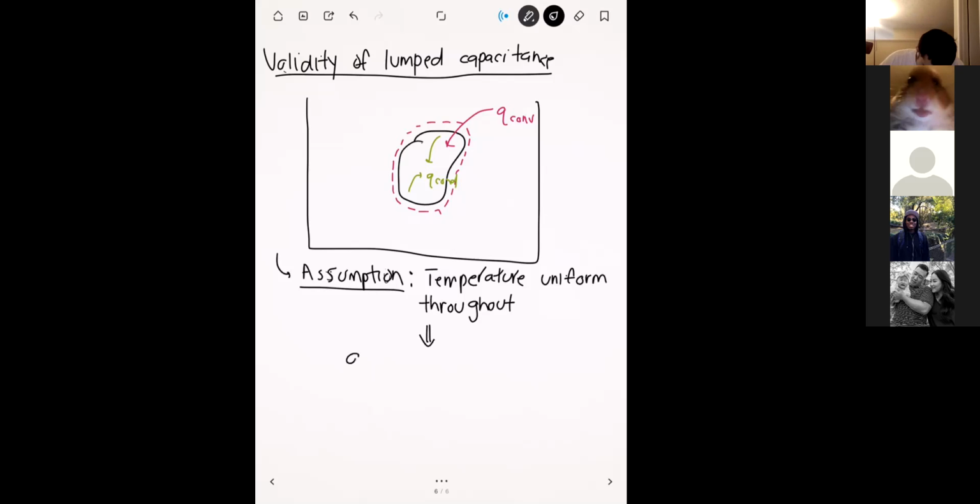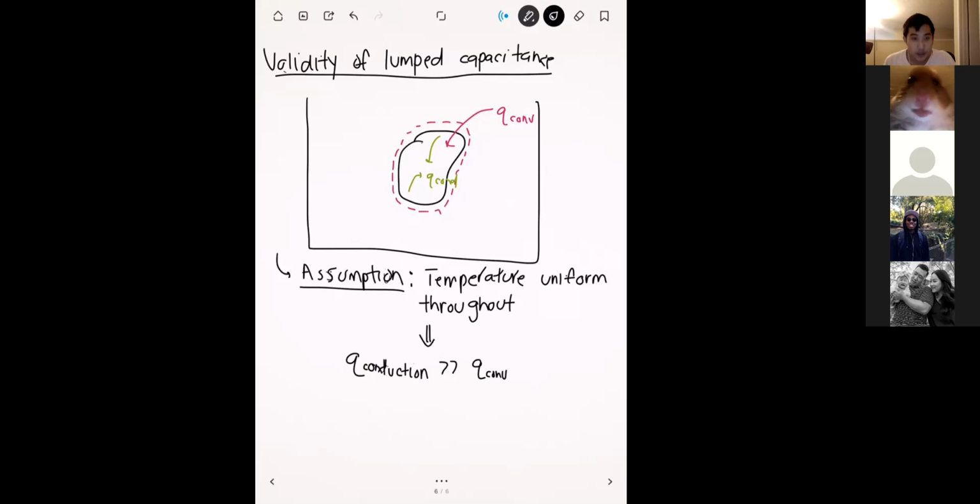Because if heat can conduct through your object much more easily than it can convect in from the outside, then any heat that enters the object from the outside gets immediately transferred through the rest of the object by conduction. If the speed of conduction in your object is much higher, then this assumption we're making is valid.